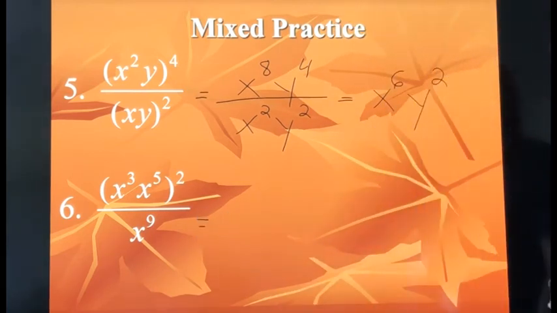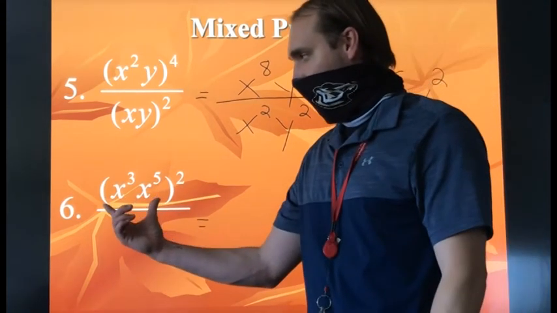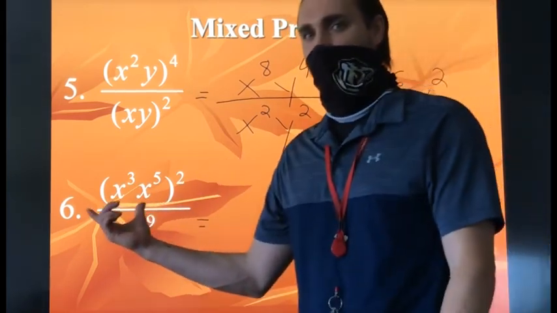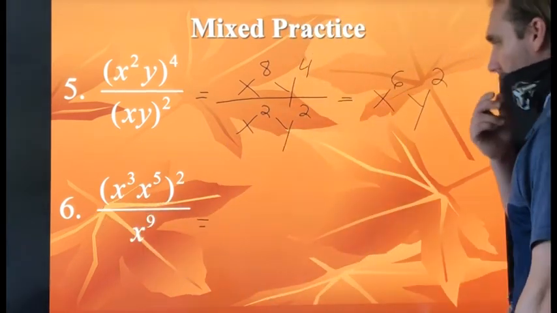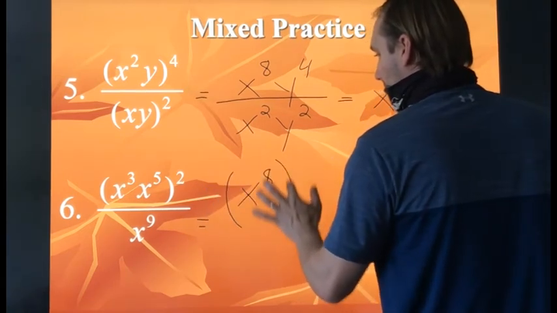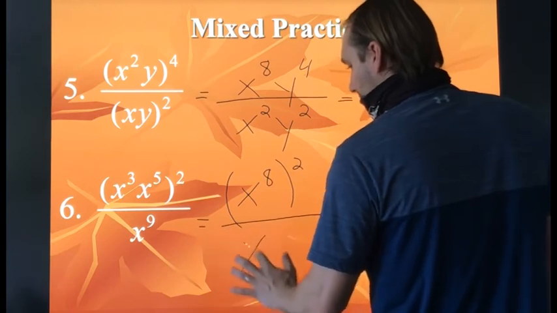Let's follow our order of operations. What should we do inside the parentheses first? They are multiplying, so you do what with the exponents? You add them. x to the 8 squared over x to the 9.